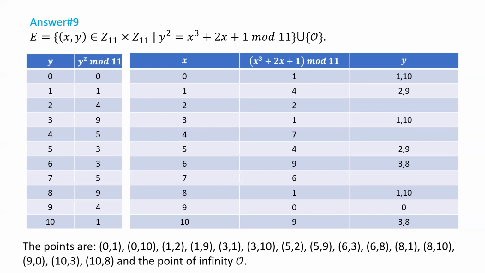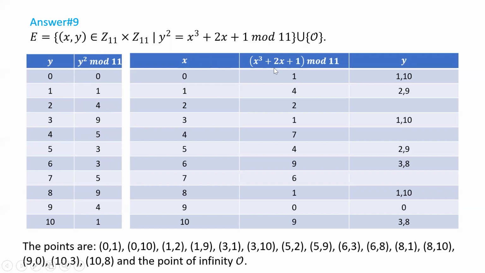So you just compute y square mod 11 for all possible values of y, that is 0 to 10, and observe y square modulo 11 for each of them. So 0, 0, 1, 1, 2, 4, 3, 9. 4 square is 16, modulo 11 is 5, like that. So you find that 1, 3, 4, 5, 9, all of them are actually quadratic residues modulo 11.